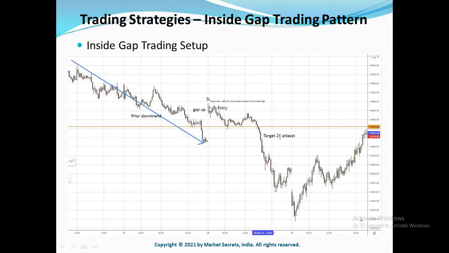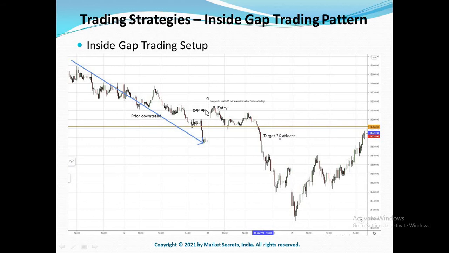Now comes the third condition, which is the pullback. This is the critical point of the strategy and it has two outcomes. The first one is if the stock gaps up and then sells off and remains below the high of the day, then the stock has reached its high point and it will continue to slide downwards. So that's the first outcome.